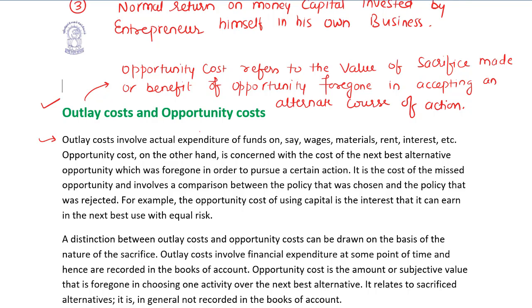Outlay cost involves actual expenditure of funds, say wages, materials, rent, interest, etc. We pay wages to laborers, buy raw material, pay rent for land, and interest for capital.